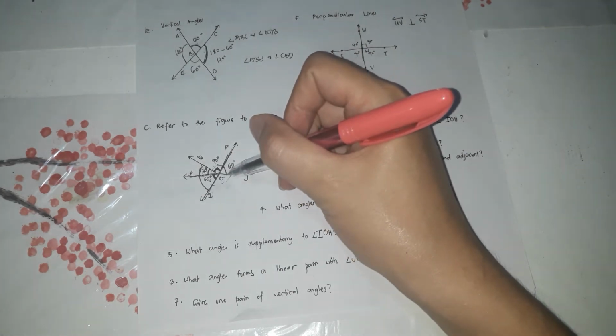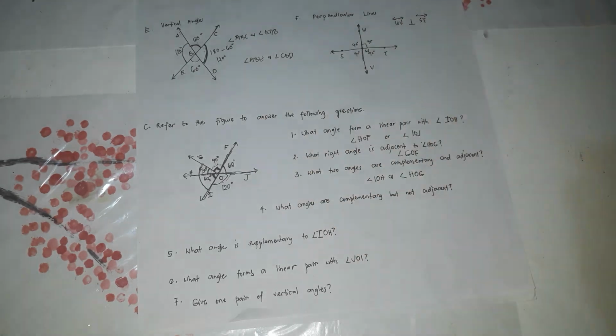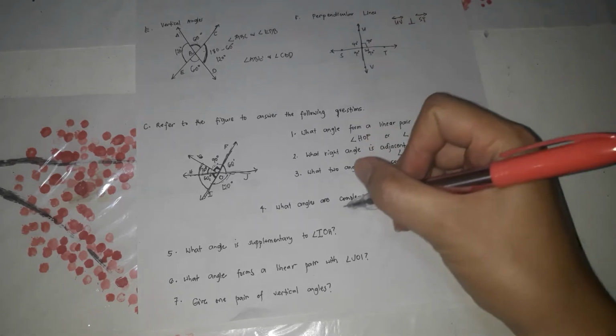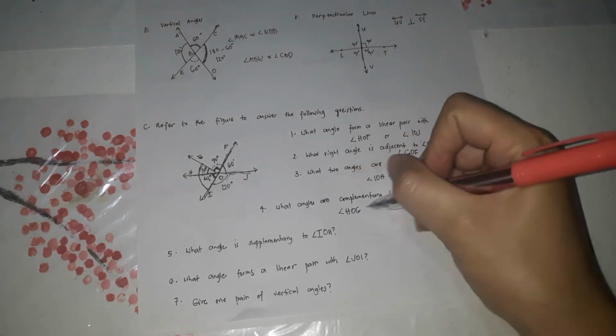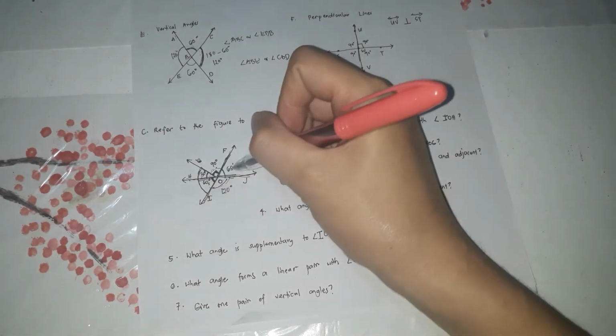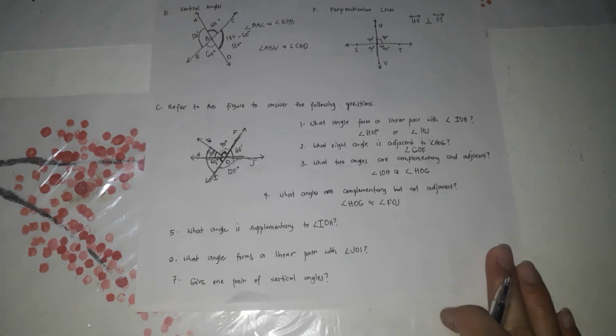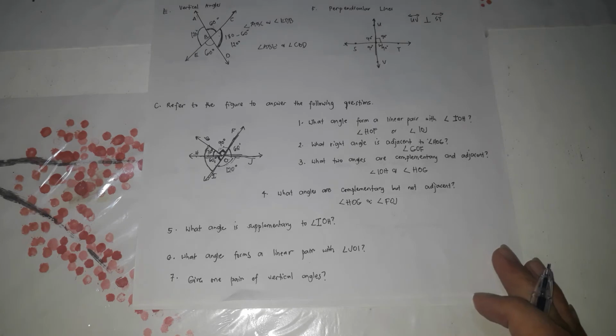So, kung 60 ito siya, this is 120 degrees. So, saan dyan yung complementary but not adjacent? 90 degrees kung i-plus mo sila, pero hindi sila magkatabi. So, it's angle HOG and angle FOJ. This one and this one. 60 plus 30 is 90. So, next, what angle is supplementary to angle IOH?